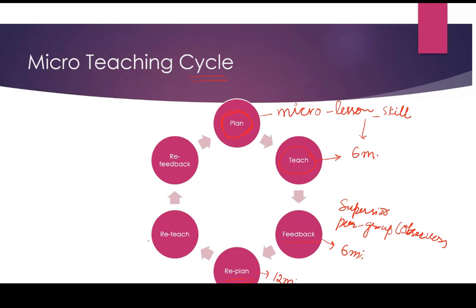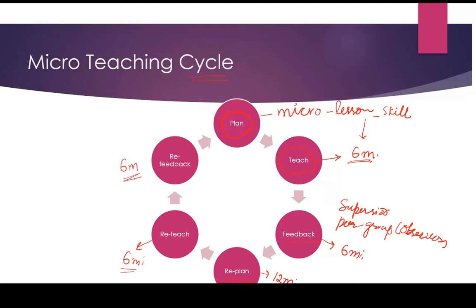After replanning we have to reteach that micro lesson, and for the reteach we are given the same 6 minutes as in the teaching, right? And then there will obviously be re-feedback, and the time for that re-feedback is again 6 minutes.